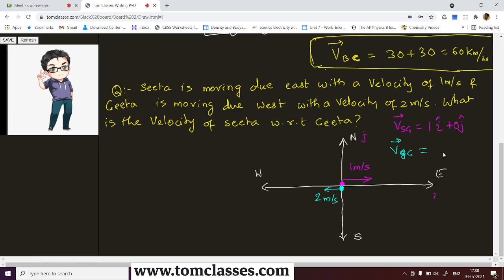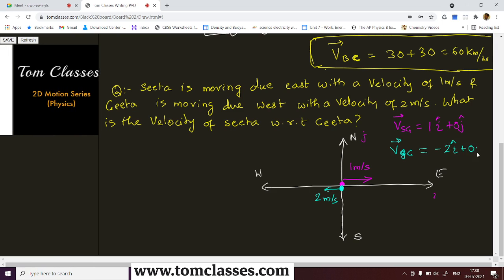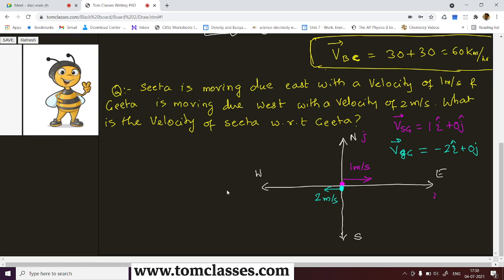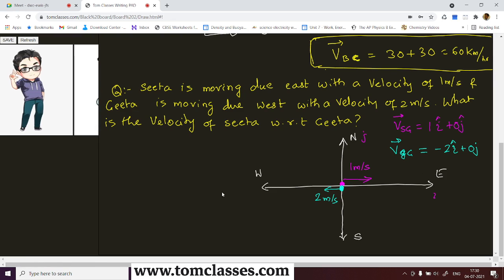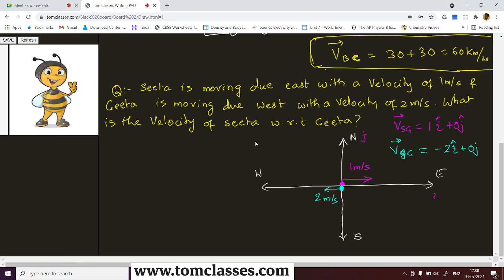It is going to be minus 2i plus 0j. Yes, sir. Okay, so these are in terms of vectors, and the equation is going to be like this. Now, what is the question he is asking?